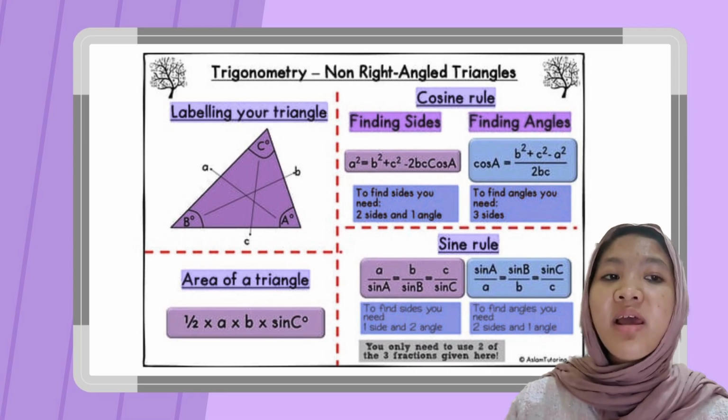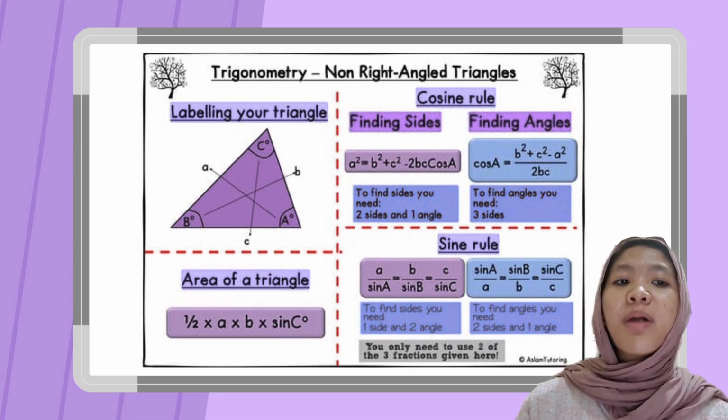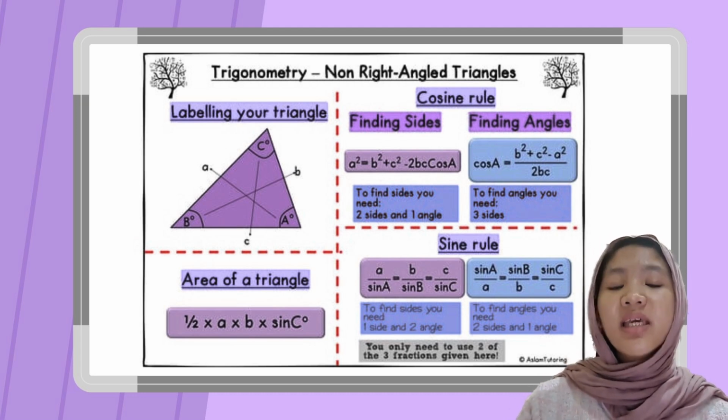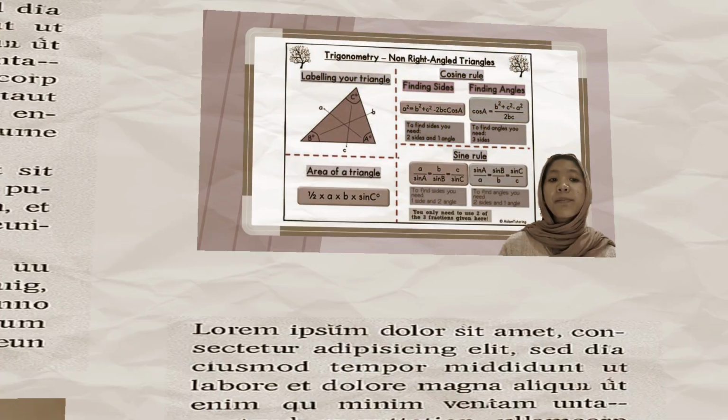The formula is sin A divided by a equals sin B divided by b equals sin C divided by c.